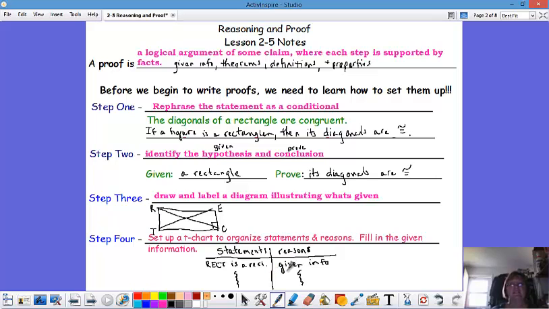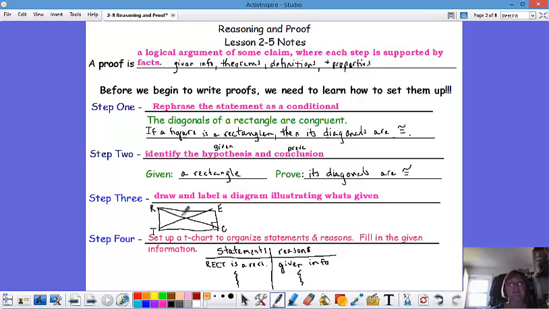So if you think about the steps again, we want to make sure that we have our statement, the thing that we're talking about, in if-then form. We do that so that we can identify what's given, that's the hypothesis of the conditional, and what we have to prove, that is its conclusion.